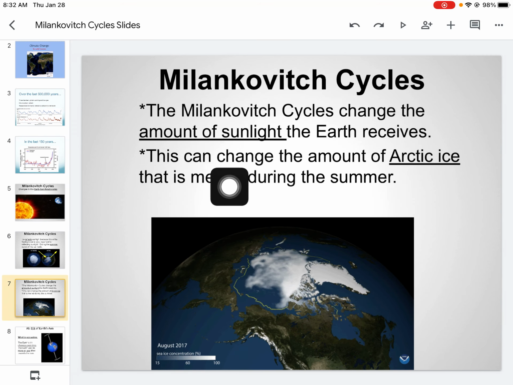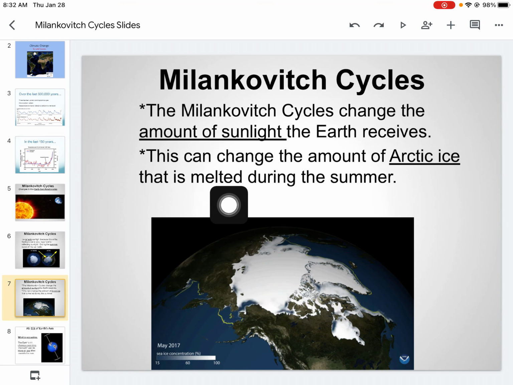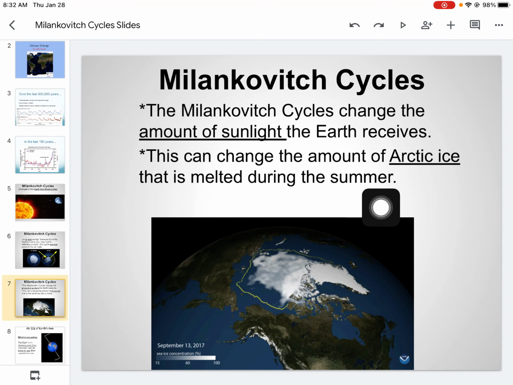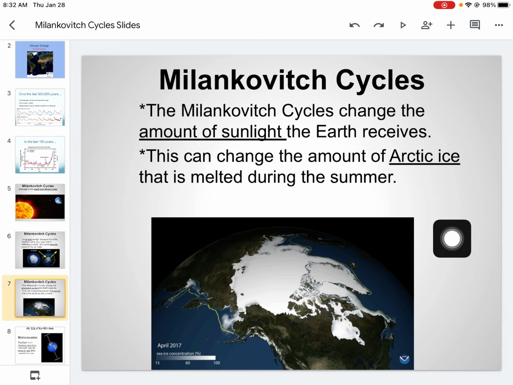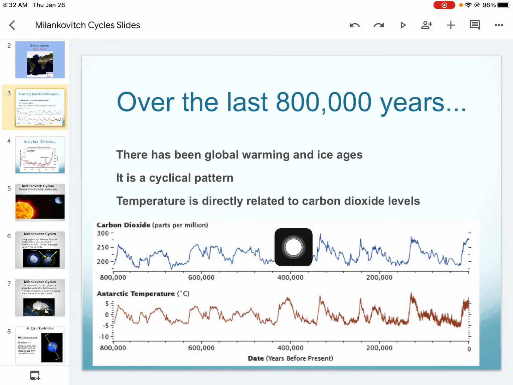So when the Earth is getting more sun, the Arctic ice melts, and when the Earth gets less direct sunlight, the Arctic ice then can grow. And so again, that helps us explain this variance we've seen over the last 800,000 years.